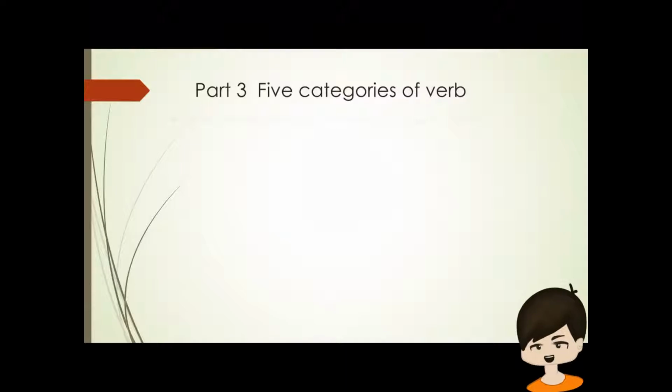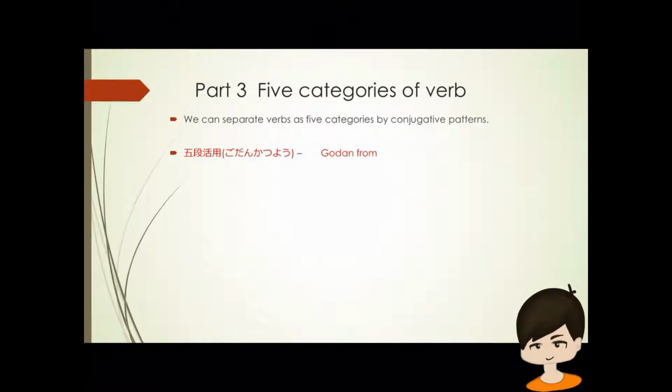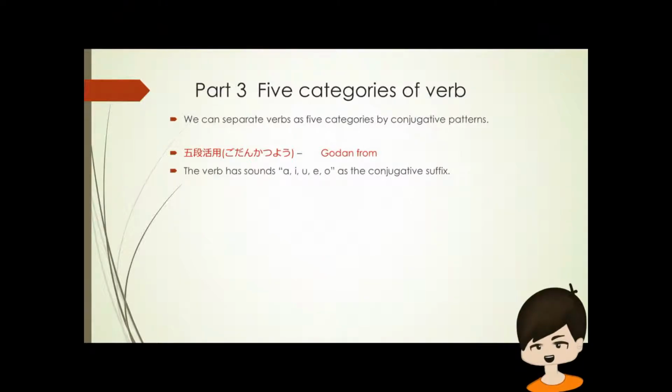Part 3, 5 categories of verbs. Now I can explain the 5 categories of verbs. We can separate verbs into 5 categories by conjugative patterns. First, godan katsuyo. In English, godan form. A verb of this form has sounds a, i, u, e, o as the conjugative suffix. For example, you've seen this verb, yomu.